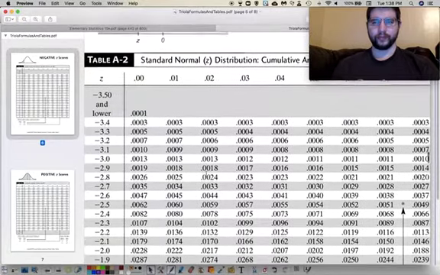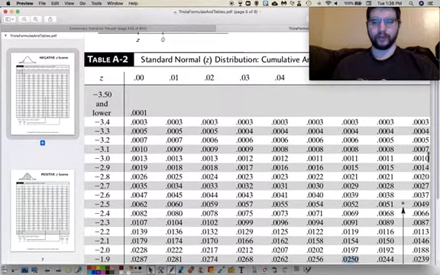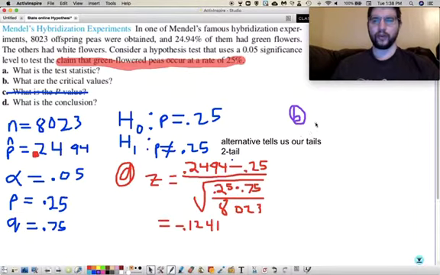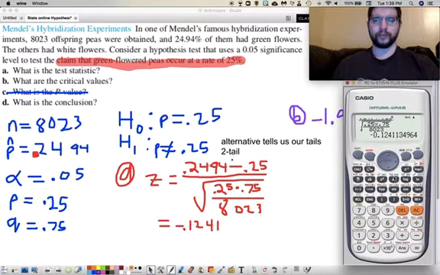Yep, right here. Negative 1.96. Since it is a two-tail, we need both the positive and the negative. Negative 1.96, positive 1.96. Using the Casio.